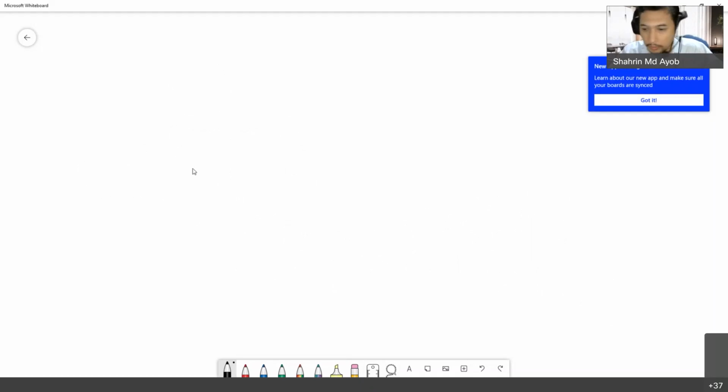Okay, I think we take a break 5 minutes because I want to generate the QR code.